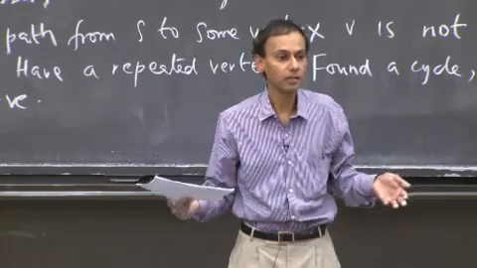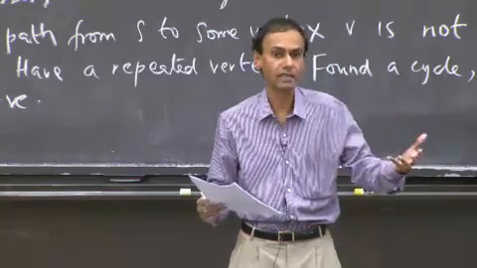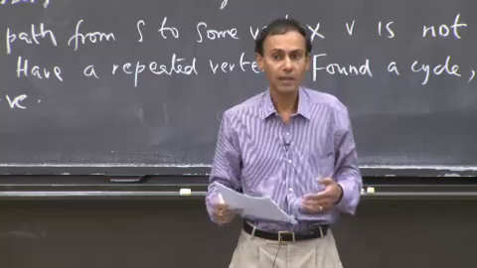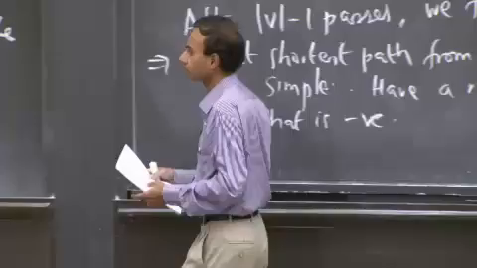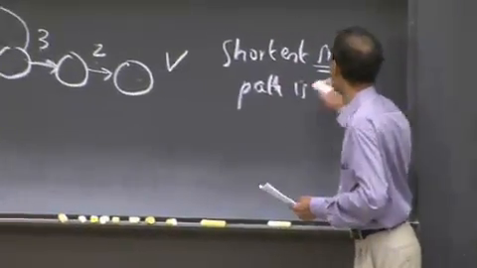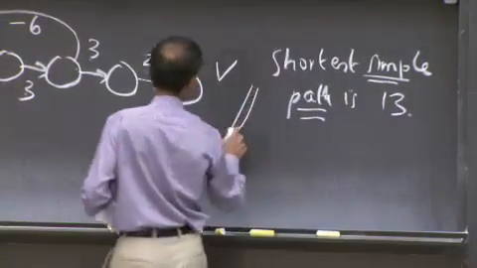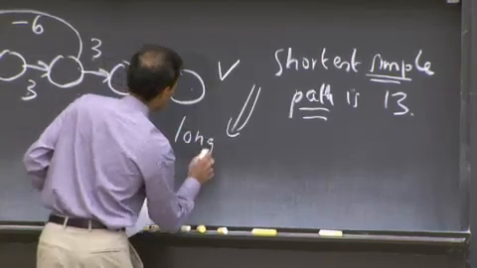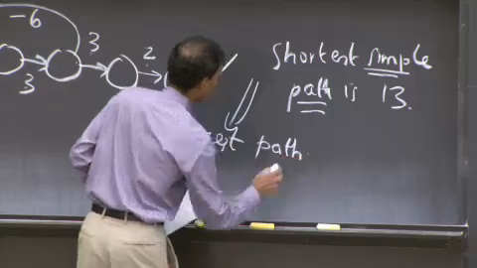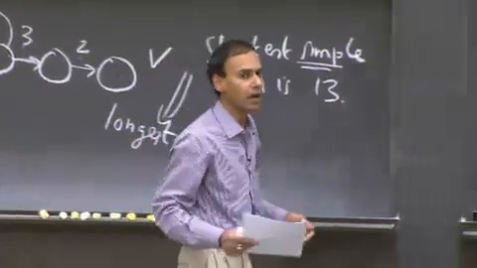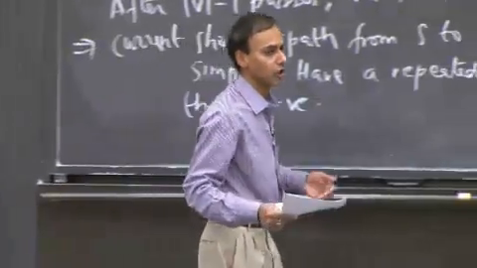You're not in the polynomial time complexity domain anymore, at least not that we know of. The best that you can do is an exponential time algorithm to find shortest simple paths. And this problem is equivalent to the longest path problem in the sense that they're both NP-hard. If you could solve one, you could solve the other.